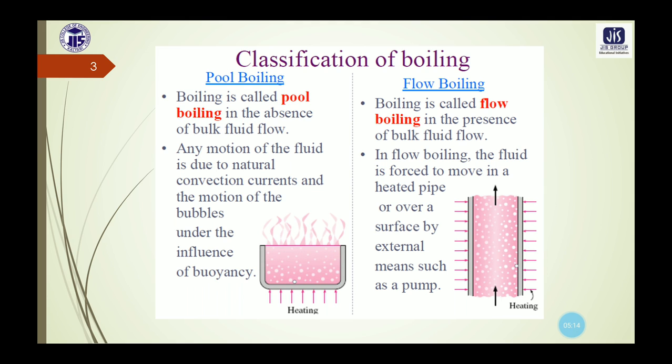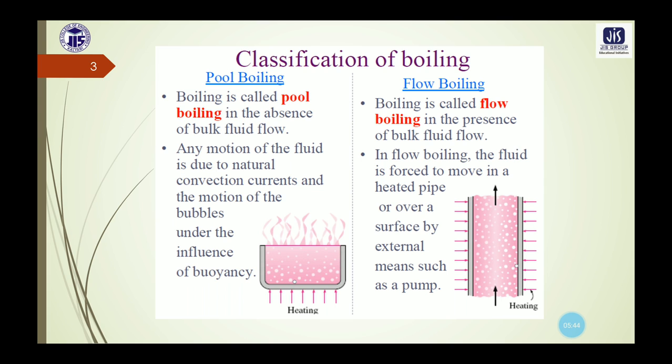So in case of pool boiling, any motion of the fluid is due to the natural convection currents and the motion of the bubbles under the influence of buoyancy. The liquid above the hot surface is essentially stagnant, and its motion near the surface is due to free convection and mixing induced by bubble growth and detachment.